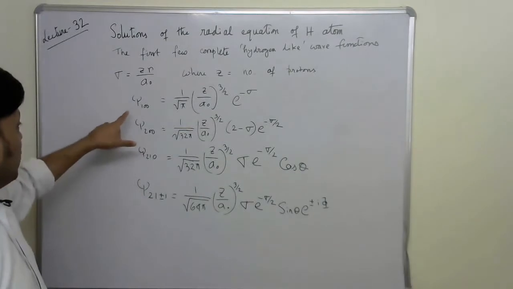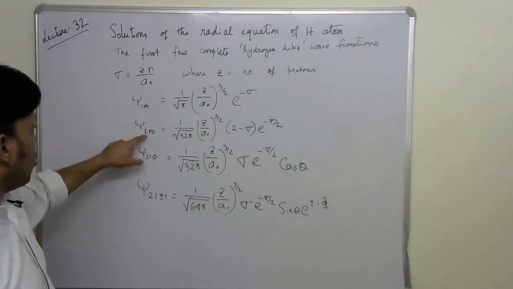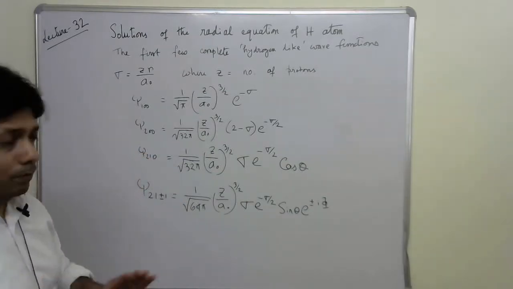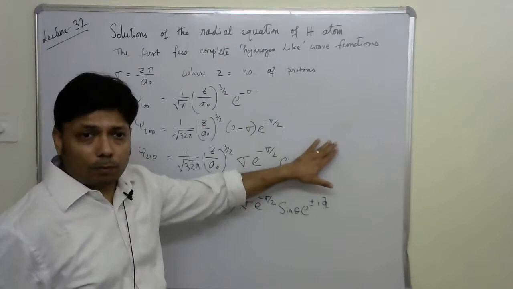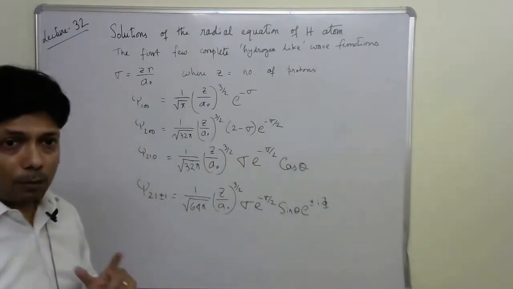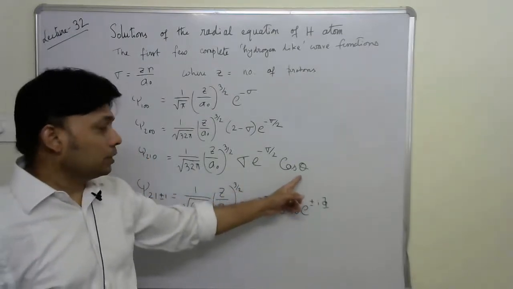Now you see that wherever only the n value is non-zero, where L and m values are 0, we do not have any theta-phi part. We have only the radial function, the radial part. Number two, whenever we have an L value, you see the theta function coming in, cos theta.